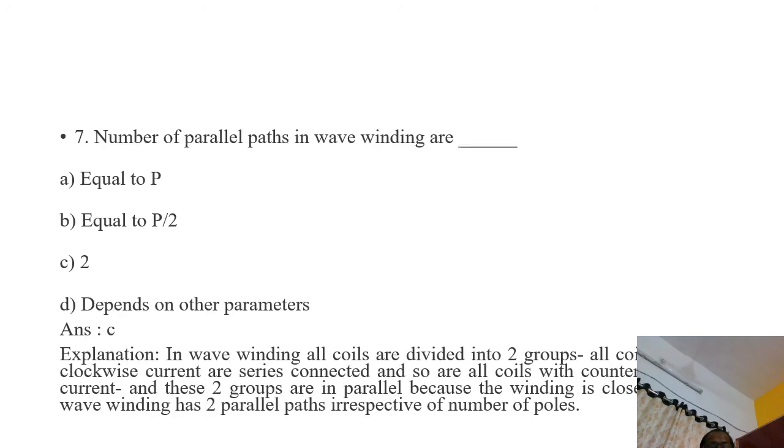Everything we have discussed and calculated in the related problems, go through your textbook. The number of parallel paths in a wave winding is equal to P, P by 2, 2, or depends on other parameters. We discussed that it is equal to 2 in wave windings.